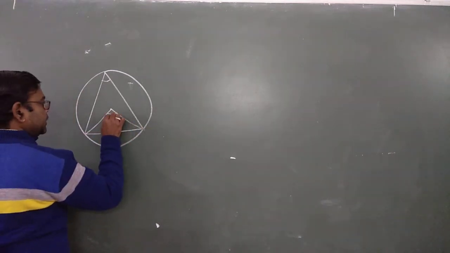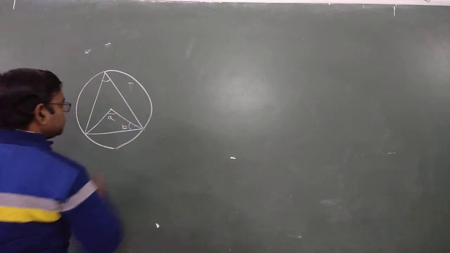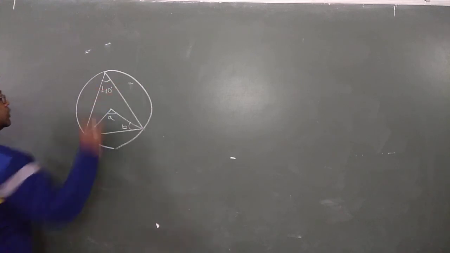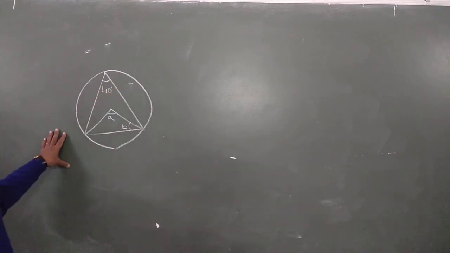This angle is A, this angle is B. There are two unknown angles and only one angle is known to you. It's 40 degrees. So I think you can easily solve this.